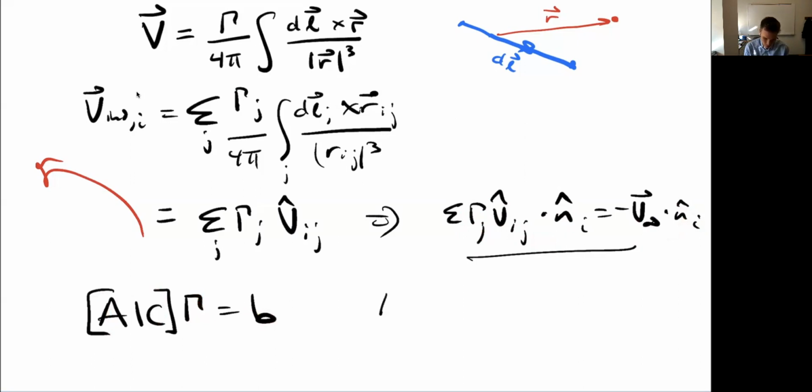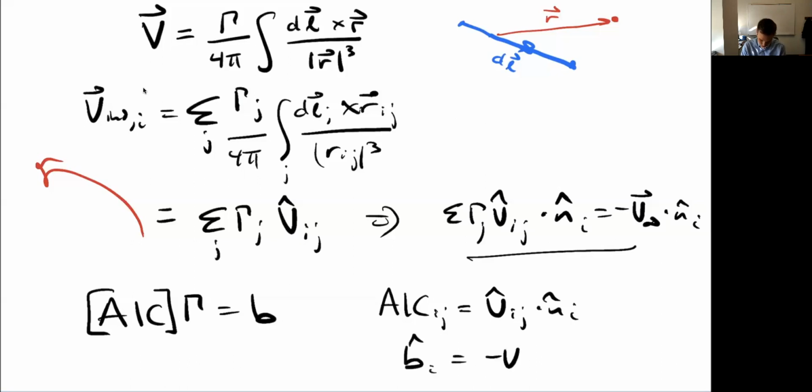And if I look at this formula, I can see that AIC ij, in other words, the ij component of that matrix, is just v hat ij dot n i. And the ith component of my vector is just minus v infinity dotted into n i. So I know I'm going to have to get this, but once I do that, I can just assemble this matrix, solve a linear system, and I can compute all of my gammas simultaneously.